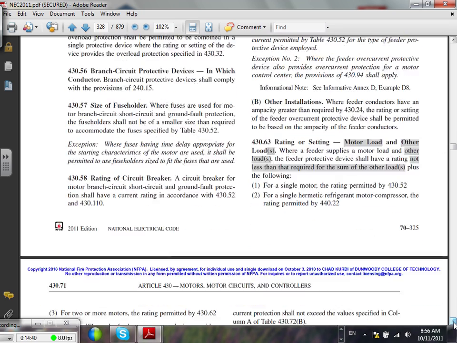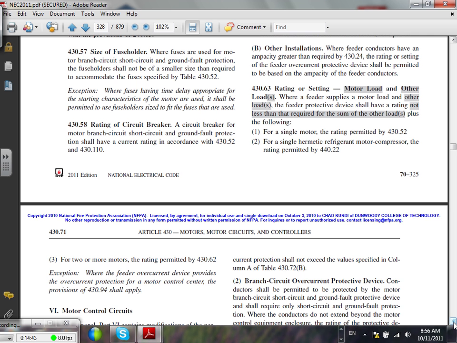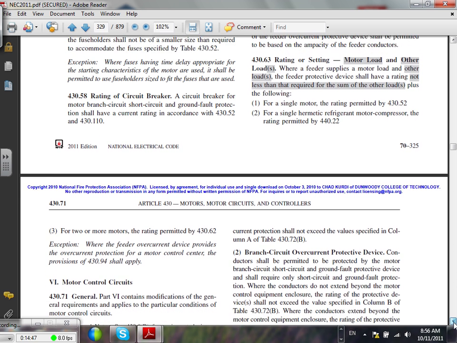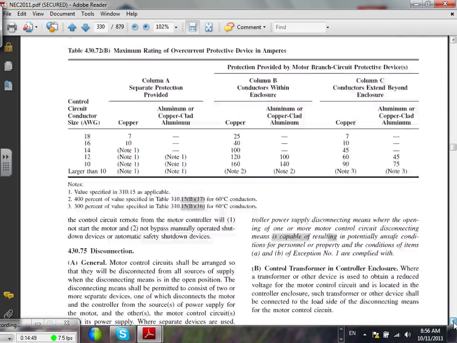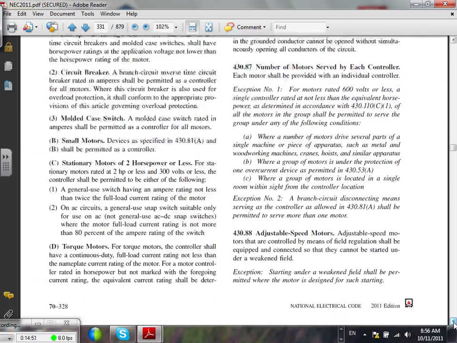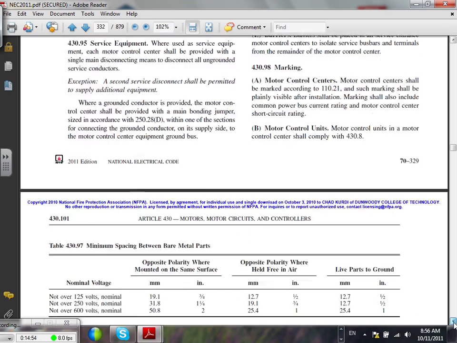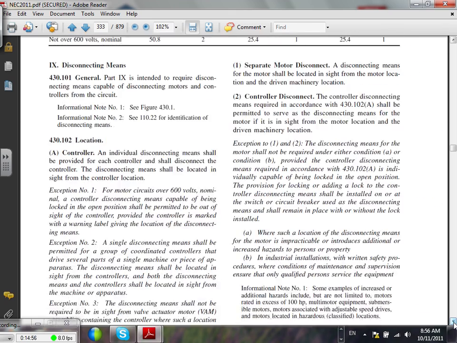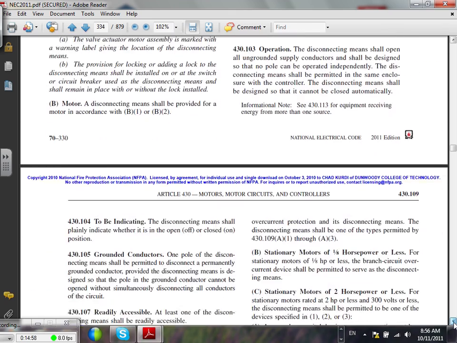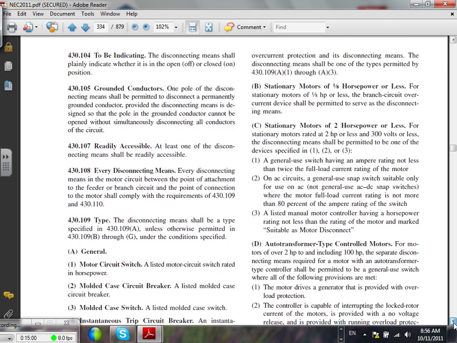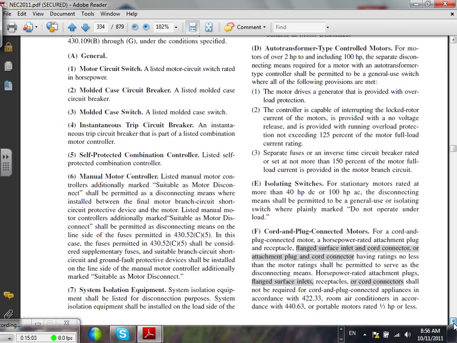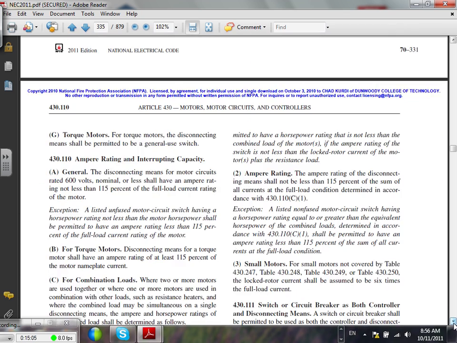The last thing we're going to do is I want you guys to go to 430.110, for disconnects. Okay, right here, please highlight this for me, and in particular highlight this.